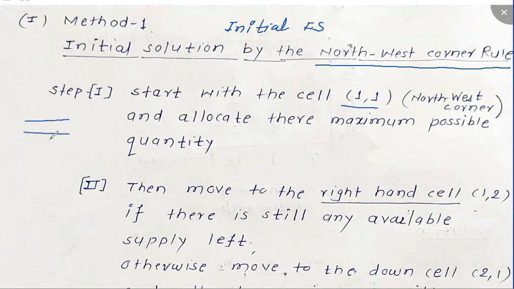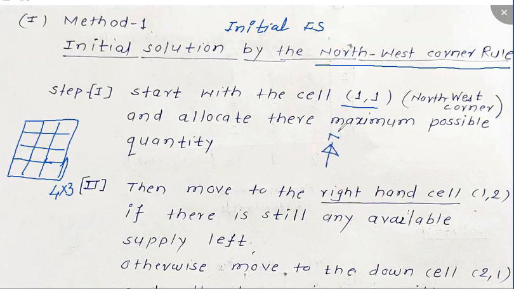So if we have a transportation problem, say it is a 4/3 transportation problem. Now this direction is taken as north. This will be south, then this will be west, and this will be east.